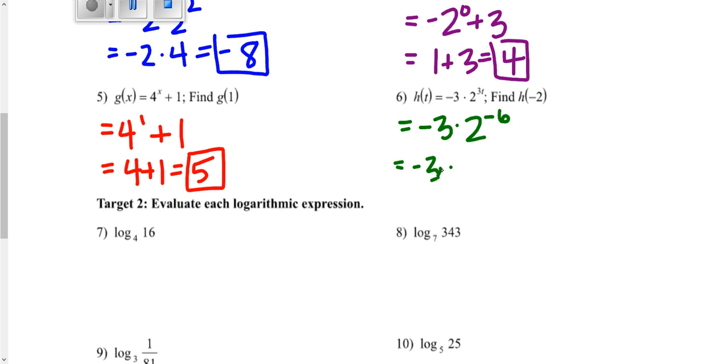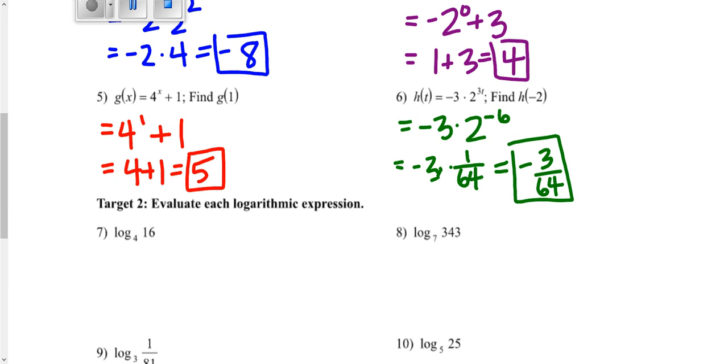That would be 8, 16, 32, so that would be 64. So if it's to the negative 6, that would be 1 over 64. When I multiply those, I'd get negative 3 over 64, which I don't believe simplifies. But you could use the decimal version of that, which I'm not sure what that is off the top of my head.